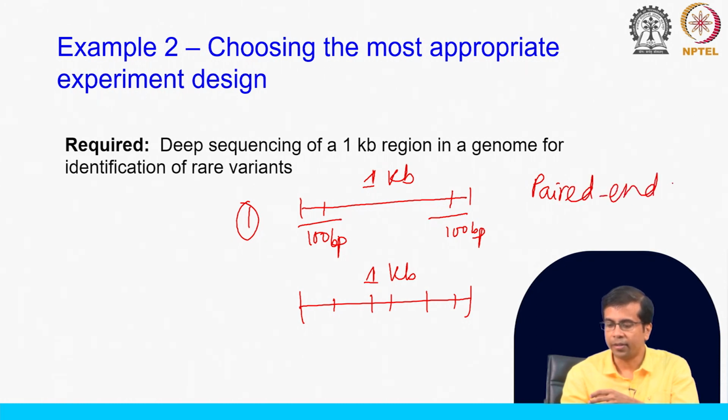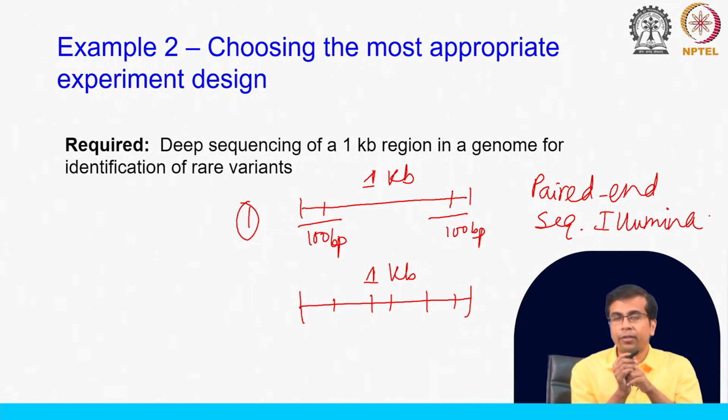You can do paired end sequencing perhaps on the Illumina platform, maybe this is a solution. But then again you might have to be a bit careful about the fragment size. Illumina might be able to take only certain fragment sizes for cluster generation or bridge amplification. So, this is something you need to consult the Illumina sequencing platform literature about.